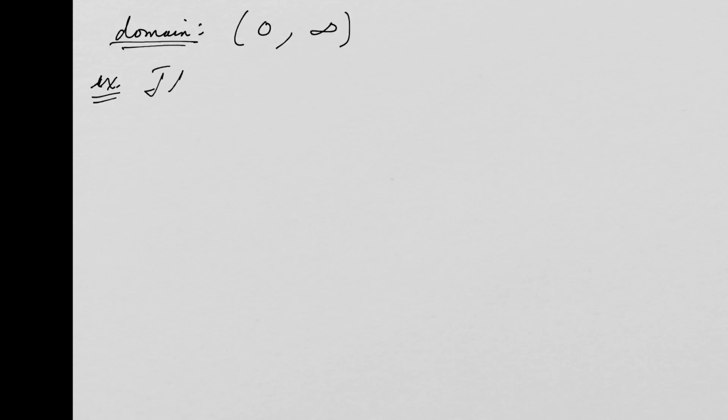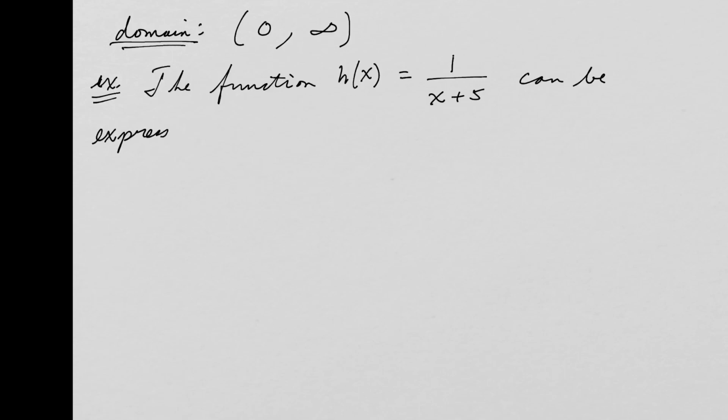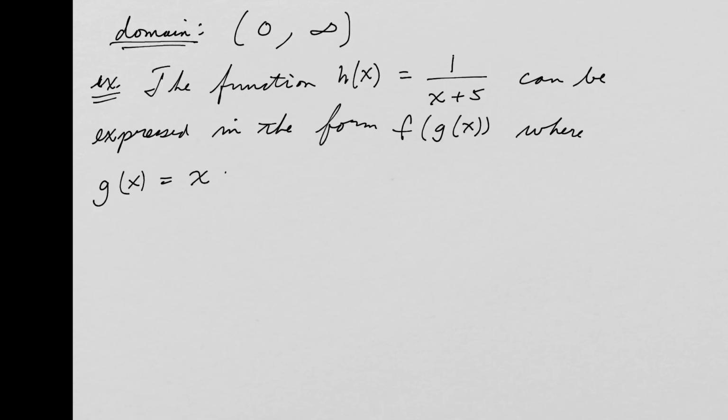Let's say you're told the function h of x equals 1 over x plus 5 can be expressed in the form f of g of x, where g of x is equal to x plus 5, and f of x is equal to what?